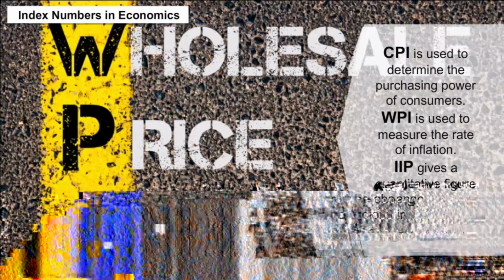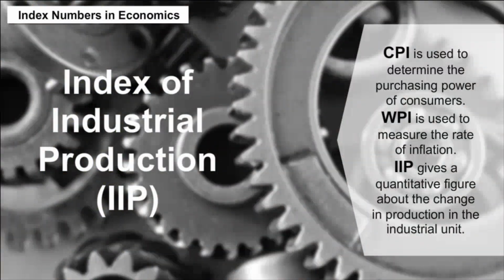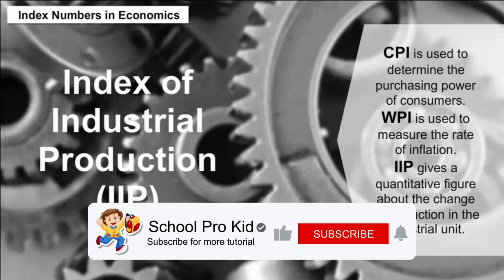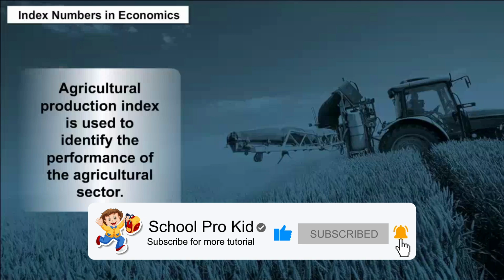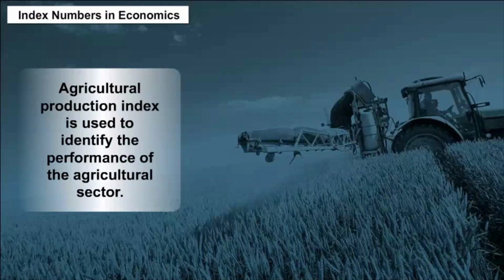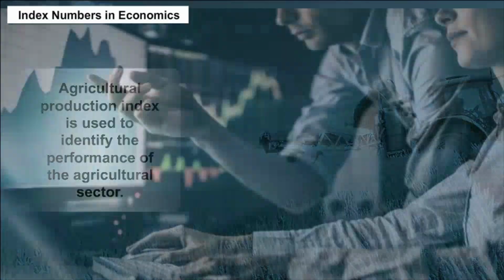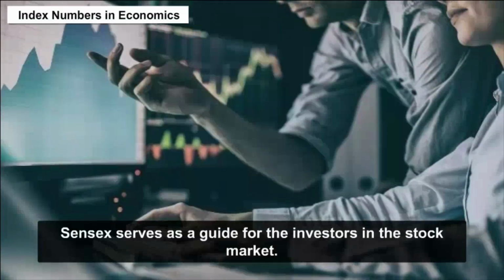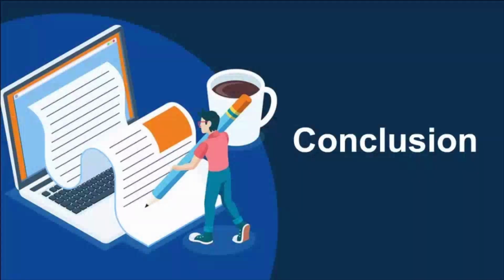WPI is used to measure the rate of inflation. IIP gives a quantitative figure about the change in production in the industrial unit. Agricultural Production Index is used to identify the performance of the agricultural sector. And Sensex serves as a guide for the investors in the stock market.